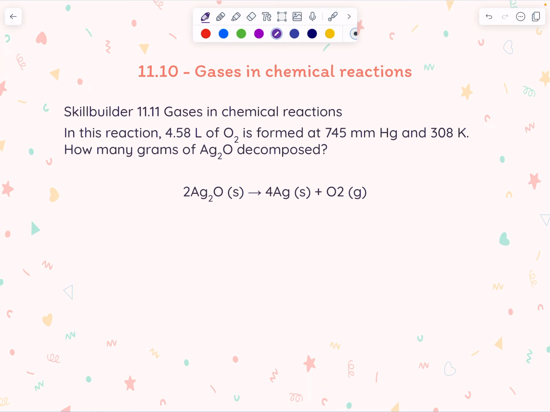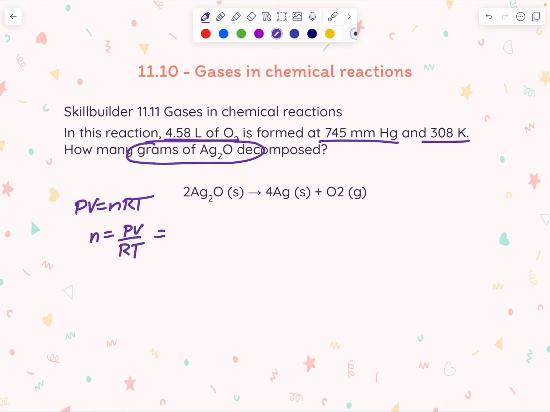So the question is asking how many grams of silver oxide are decomposed, and I'm given liters of oxygen, pressure of oxygen, and the temperature of the oxygen. So I know that PV equals nRT, and number of moles is going to be equal to PV over RT.